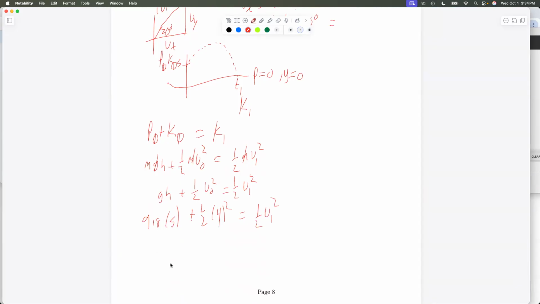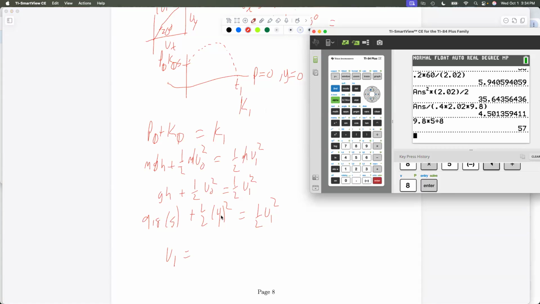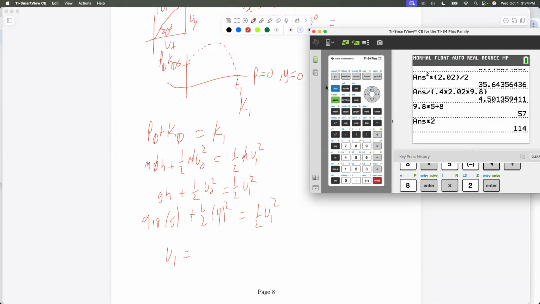So I would just type all this in the calculator, multiply it by 2, take the square root. 9.8 times 5 plus, and then I would just do this in my head. 16, half of that is 8, times 2, take the square root.